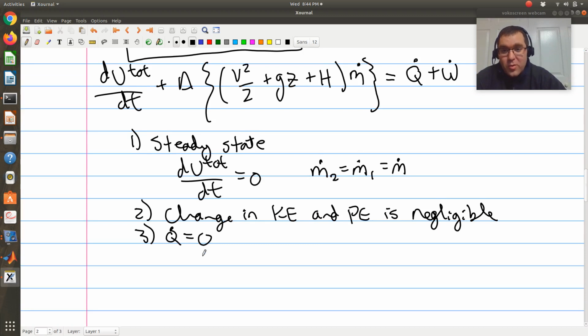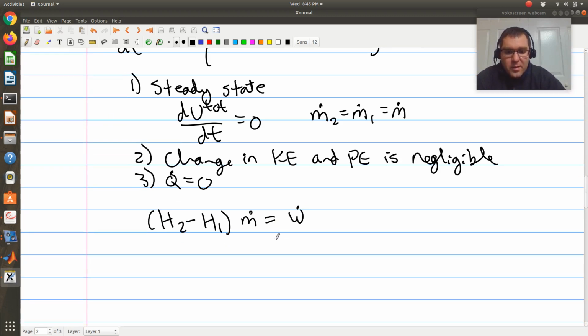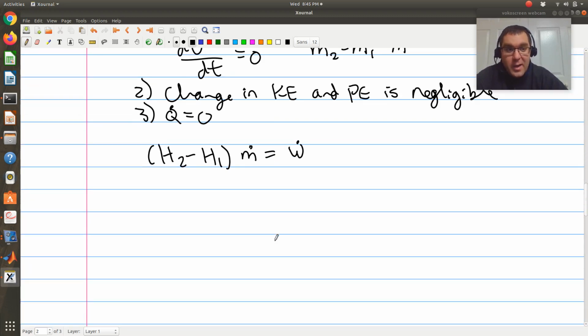In doing all of that, my first law reduces to delta H, H2 minus H1, times m dot, is equal to W dot. Remember, W dot is just energy per time, my extensive work per unit time, and m dot is mass per unit time.